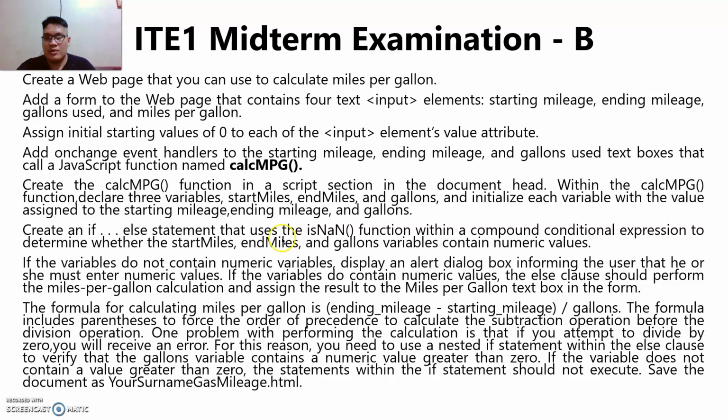I also need to create an if and else statement that uses the isNaN function. Basically, what it does is it determines if the value is a numerical value. If not, it will have an alert function that tells me I need to put a numerical value.